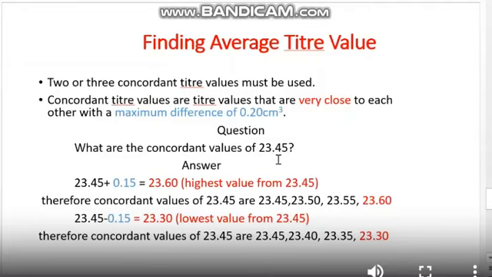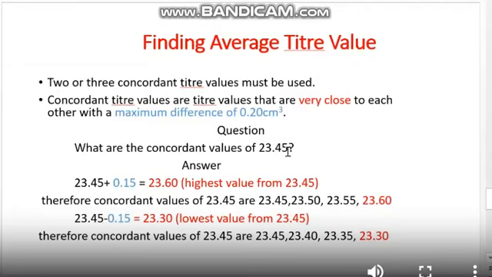Okay, how do you go about it? To find the concordant values of this 23.45, I have two options: either I go to the increasing side, or I go to the decreasing side. What do I mean by increasing side? The concordant values of this 23.45 should have a difference of 0.20.